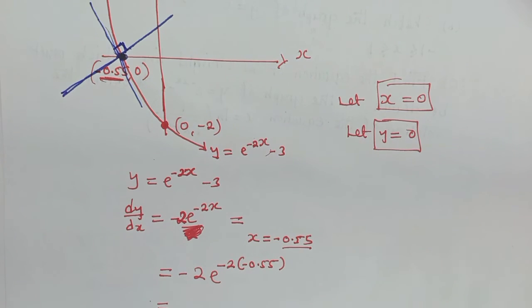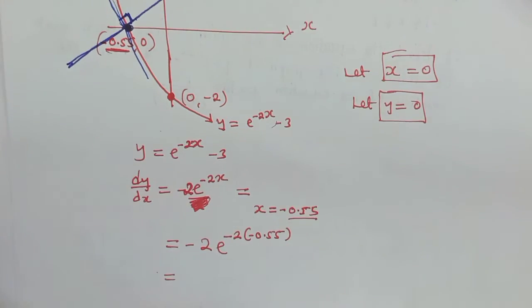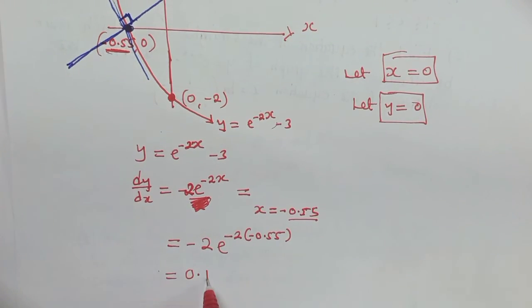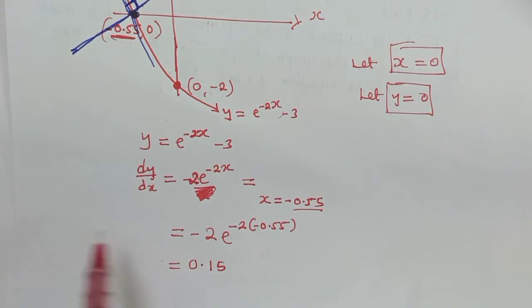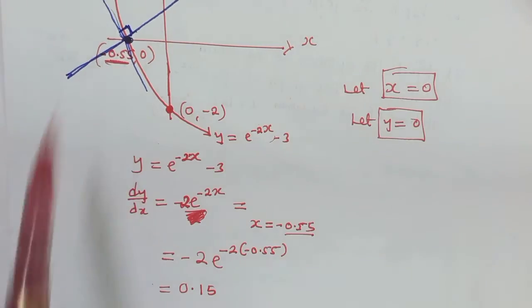Negative 2 times e to the power of negative 2 multiplied by negative 0.55. We are getting 0.15. So this is the gradient. We've just found the gradient at this point where the solution is.